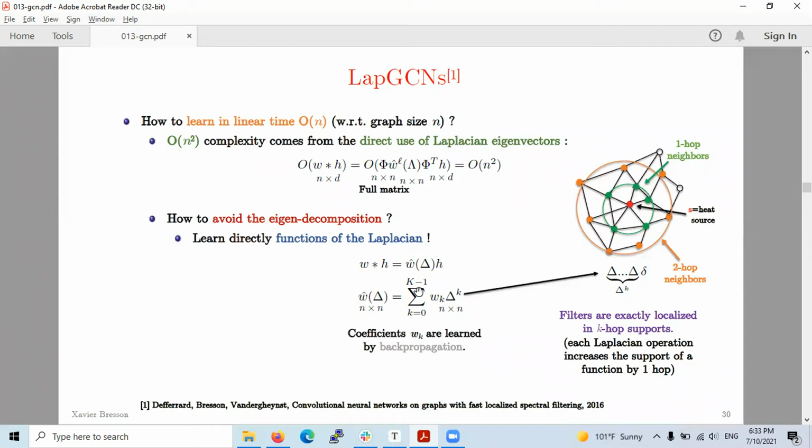So he creates this linear combination, a function wherein the coefficients, the W_k in the spatial domain, are learned during backpropagation itself, rather than learning after you find out the eigenvectors and the eigenvalues.